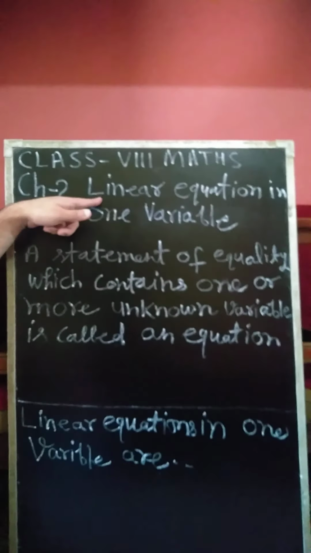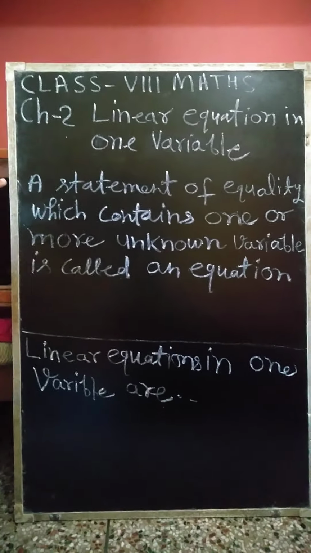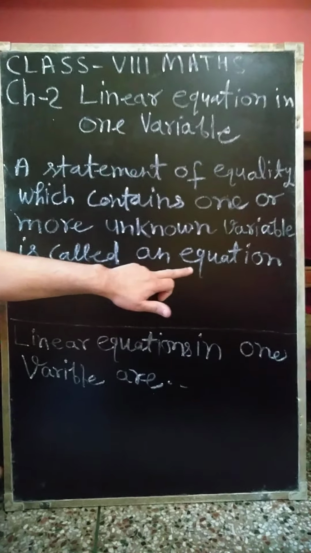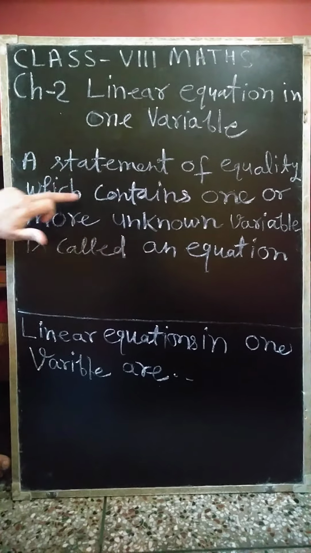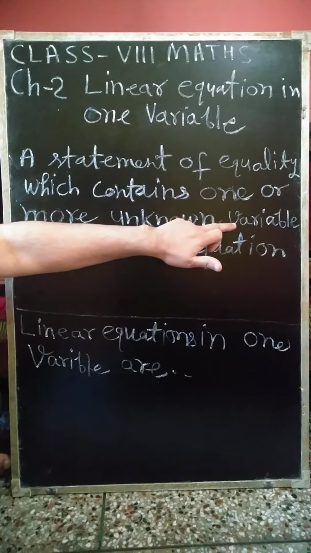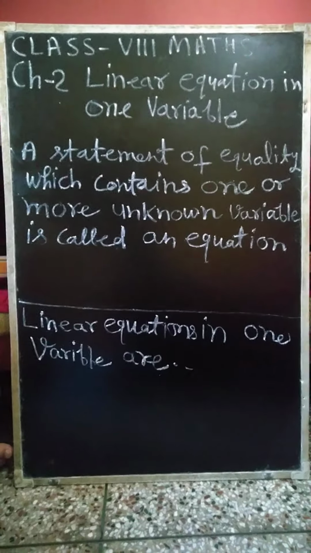Let's start with chapter 2, linear equation in one variable. What is an equation? A statement of equality which contains one or more unknown variables is called an equation.